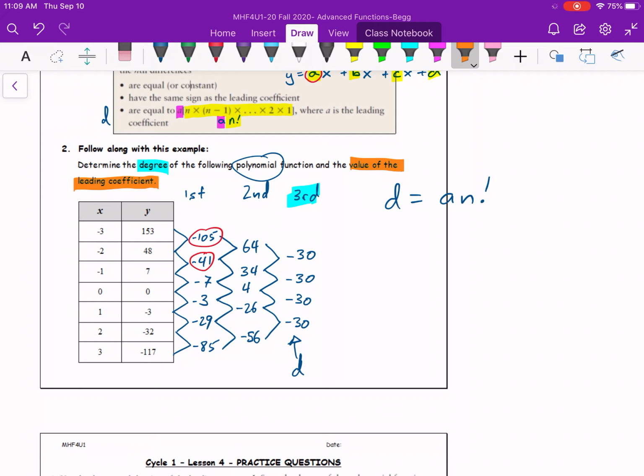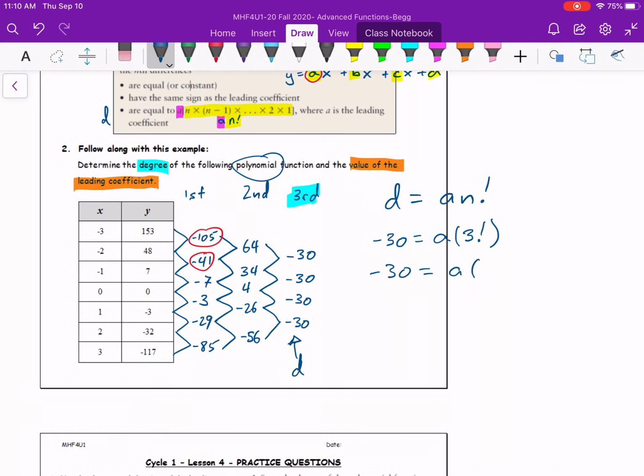And so that's A. So I have to find out what A is. So D is negative 30. We got that from our table of values. A is what we're finding, and n is 3. I know that now because n is the degree of the polynomial, and we've determined that it's third degree.